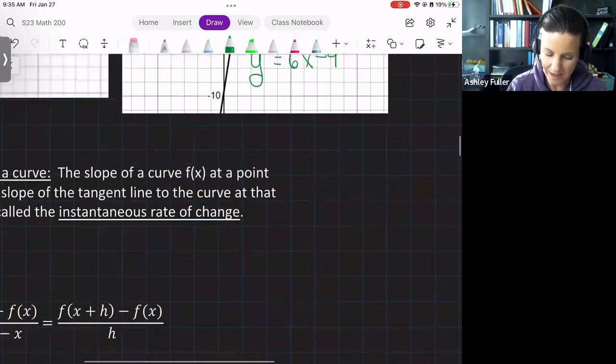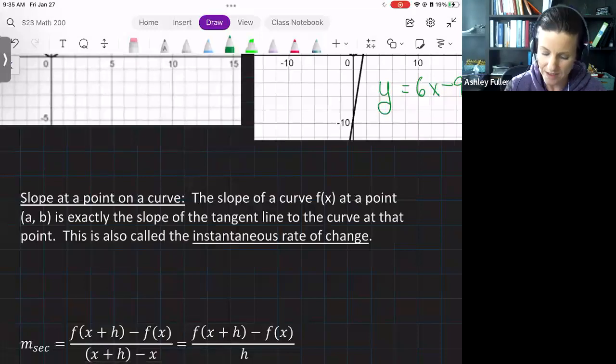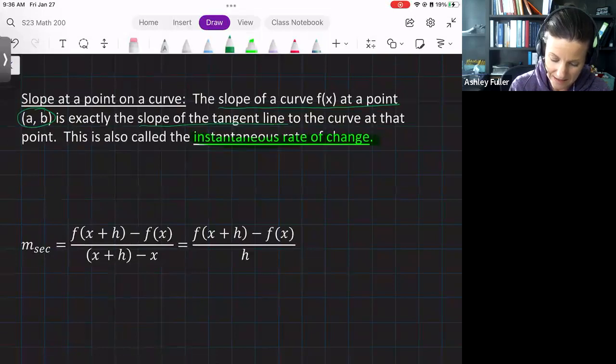We can now define what we're going to call the slope at a point on a curve. The slope of a curve f of x at some point (a, b) is exactly the slope of the tangent line, and this is indeed the instantaneous rate of change. Now notice the secant line, we're dealing with that difference quotient that we've been looking at so much.